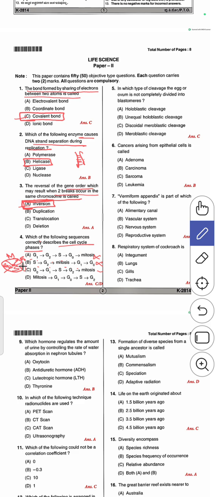Then D: mitosis, G1, G0, S, G2. This is also right because some of the cells, if they enter into G1, can go back to the G0 stage also. So here both C and D are considered as right answers for this question.